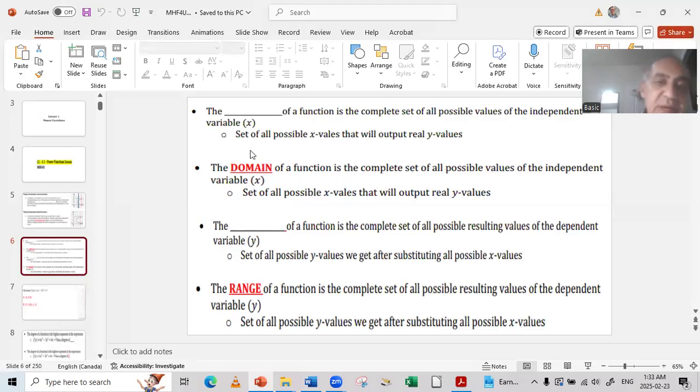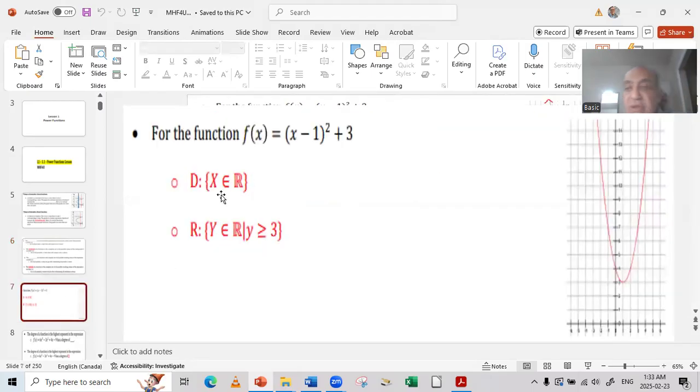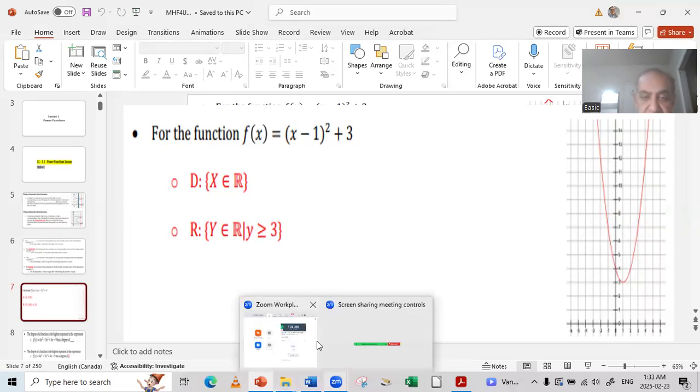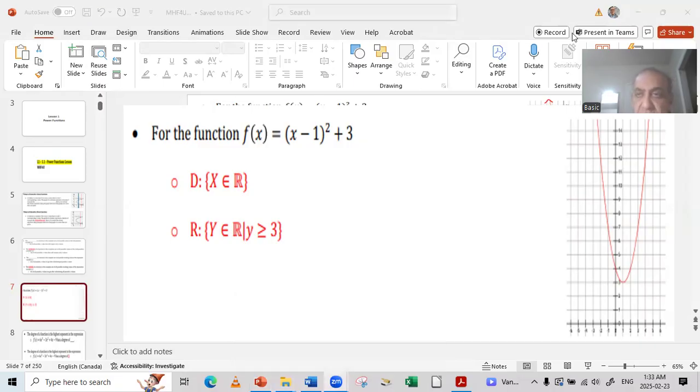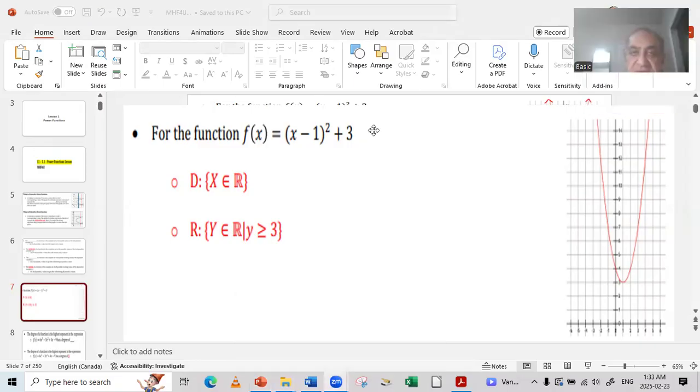We know that the domain is for X and the range is for Y. We saw how to find the domain and the range, and we know how to do the restrictions as well. As an example, for this function, y equals (x minus 1) squared plus 3, let's see what the domain and the range are.